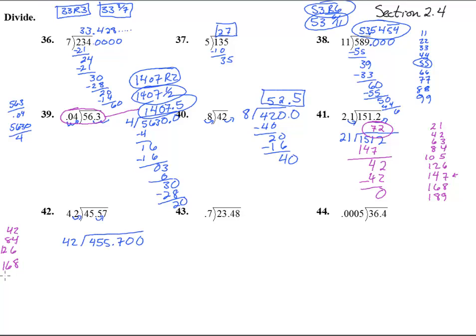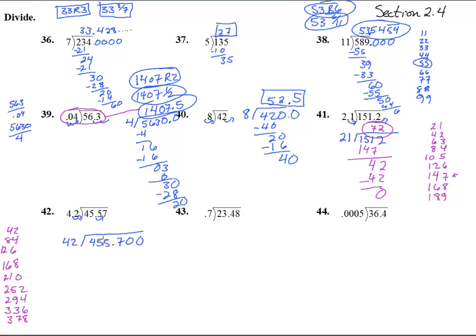Add 42, and you get 210. Add 42 is 252. Add 42 is 294. Add 42 again, and we get 336. And add 42 again, and we get 378. Is that right? 1, 2, 3, 4, 5, 6, 7, 8, 9.